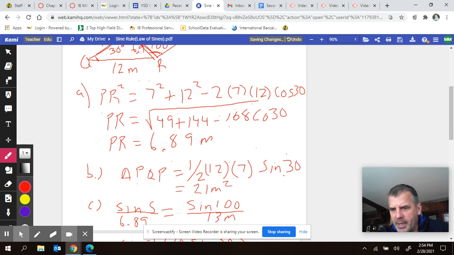And I think from here you guys are pretty good. You're going to cross multiply, and then solve using proportions. It should match what you've got there in the book. You end up with angle S being 31.5 degrees.